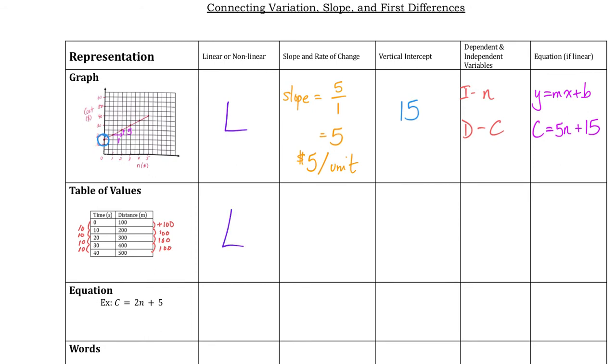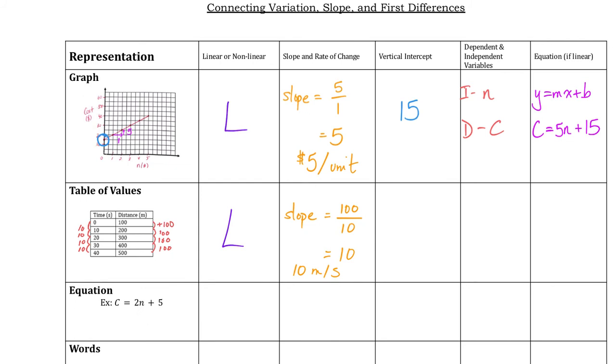My first differences are actually me calculating my slope. So to calculate my slope, my distance went up 100 and my run was 10. And so when I calculate or simplify, I get a slope of 10. I have a context to it that is going to end up being 10 meters per second.